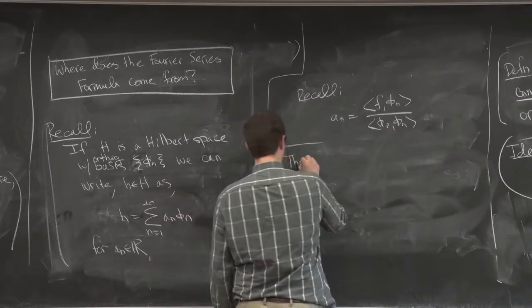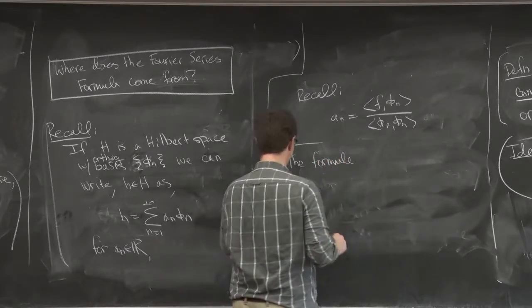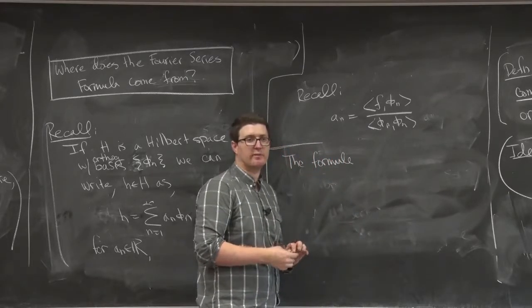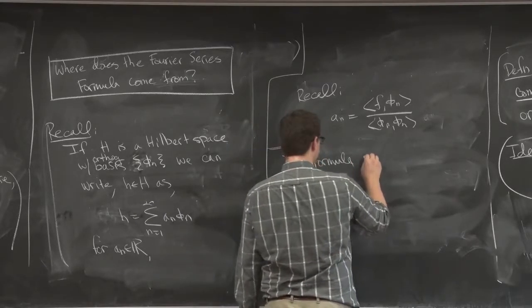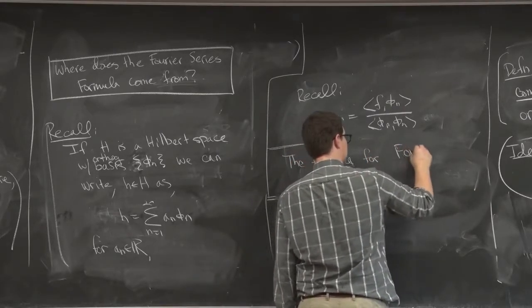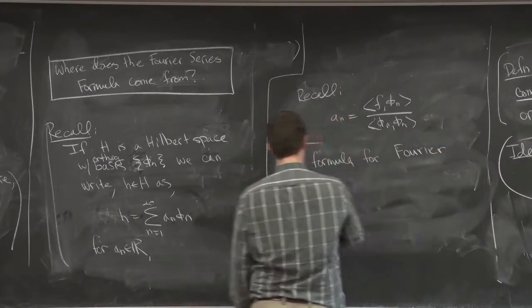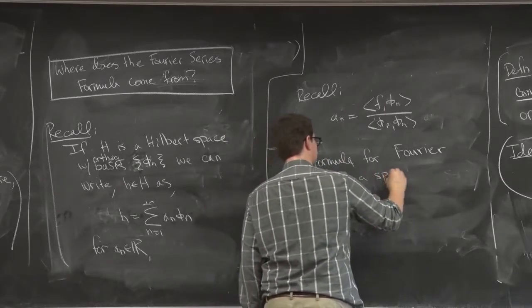He didn't use the word Hilbert space, but he just wrote down the formula and didn't care about whether or not things converged. The formula for Fourier series is a special case.